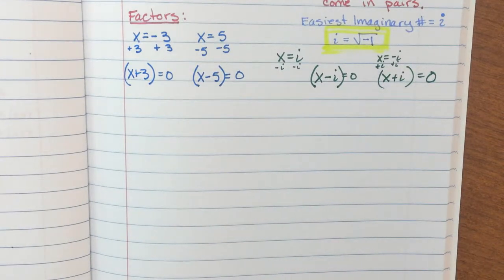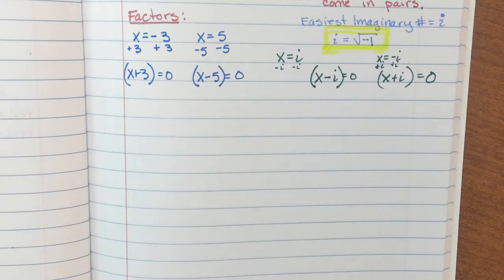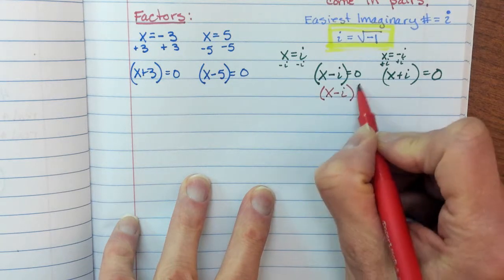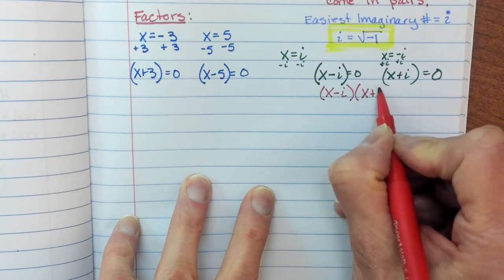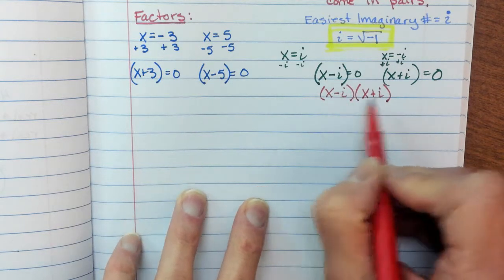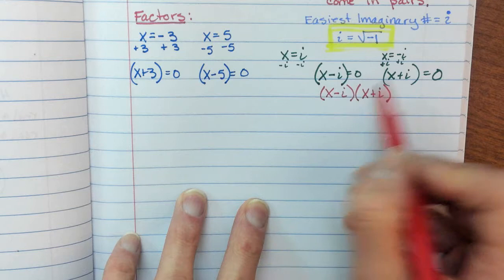Let's take care of our imaginary factors first. We're going to multiply x minus i times x plus i. I'm going to do this longhand, even though some of you may already know what this is.